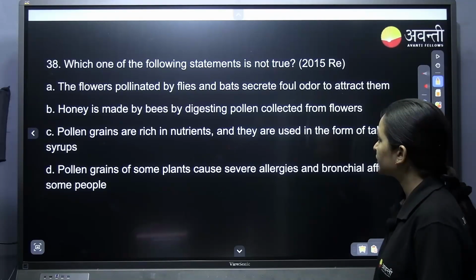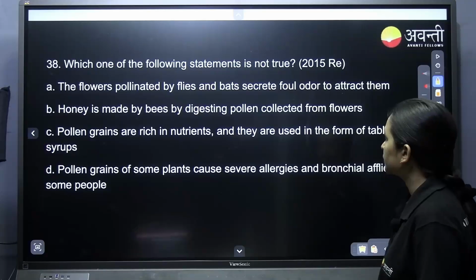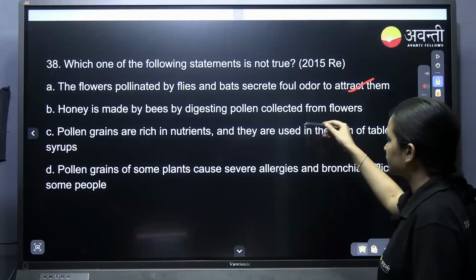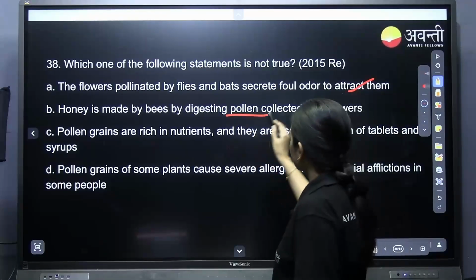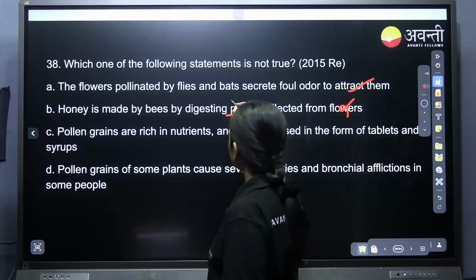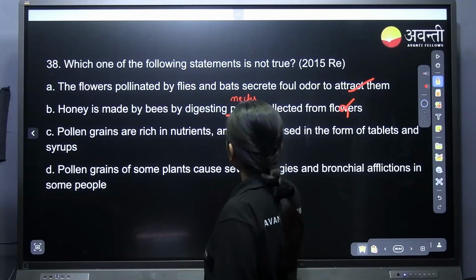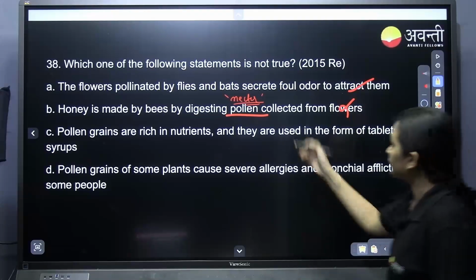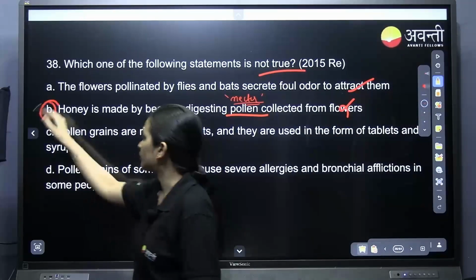The flowers pollinated by flies and bats secrete foul odor to attract them. True. Honey is made by bees by digesting pollen. False, right? Honey is made by bees by digesting nectar. Yes, definitely. So we need to find the not true statement, and we got it. B for Bombay is the correct answer.